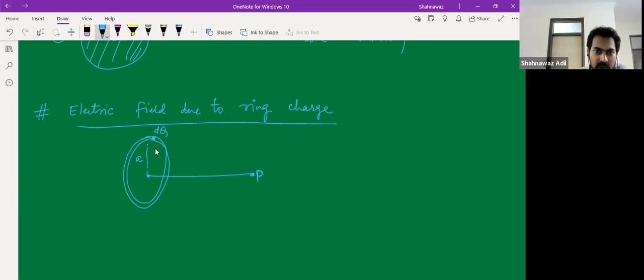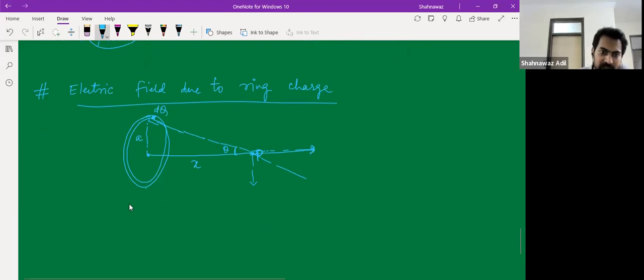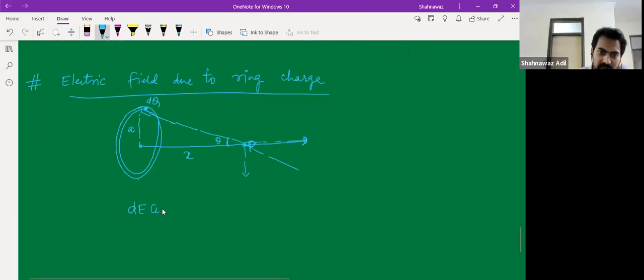Let's say it makes some angle theta with this line, and this distance is x. You guys know that this y portion will get cancelled out, and only this portion will survive. So the electric field would be dE cos theta.